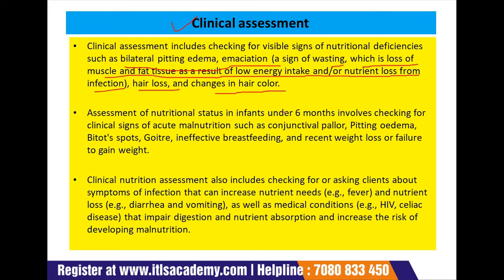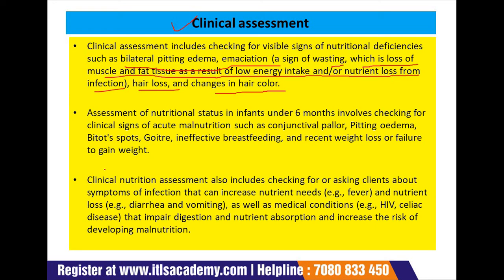It also includes taking a medical history to identify conformity with the nutritional implications, other medical complications, use of medications with nutrition-related side effects, food and drug interactions, and risk factors for disease like smoking, alcohol use, and being overweight that affect or are affected by diet and nutritional status.